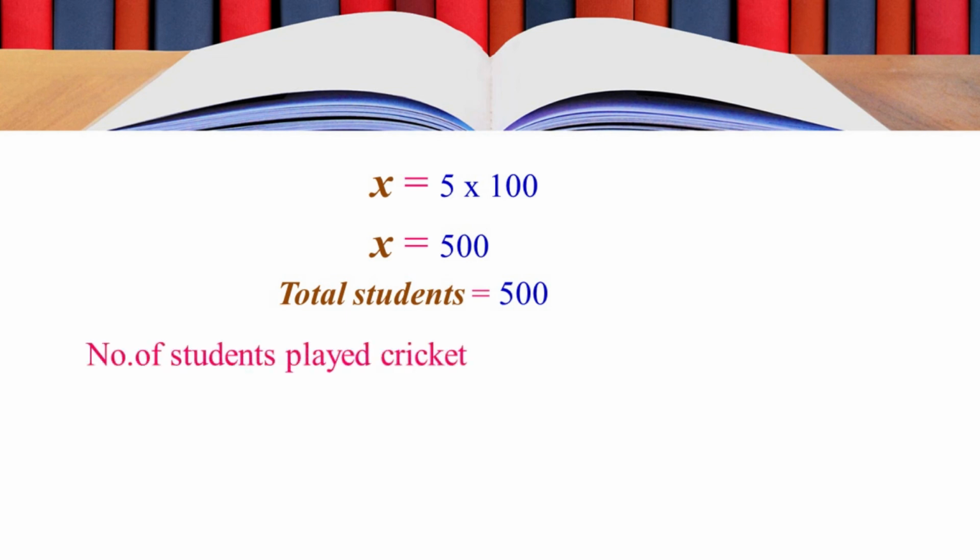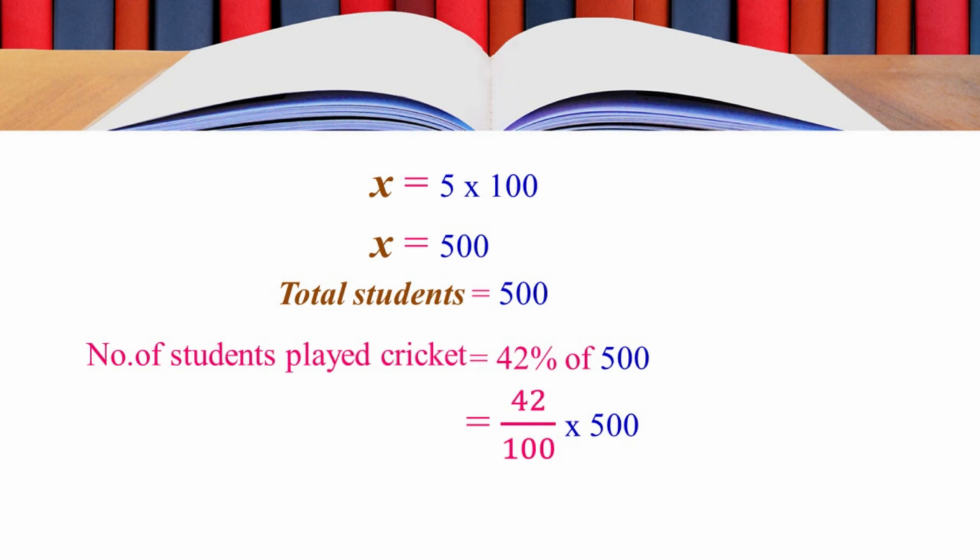We have to find the number of students who played cricket. They have given the percentage and we know the total students now, so we can find it easily. 42% of 500. 42% can be written as 42 by 100. Of is replaced by multiplication, and 500 is written.